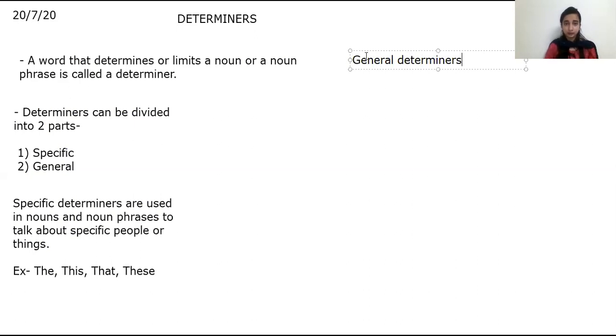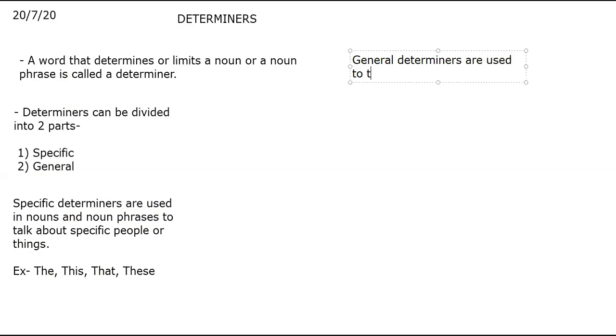General determiners are used to talk about people or things in general.